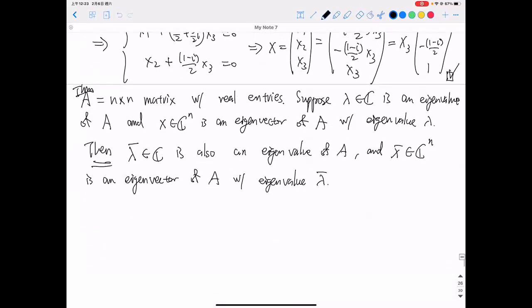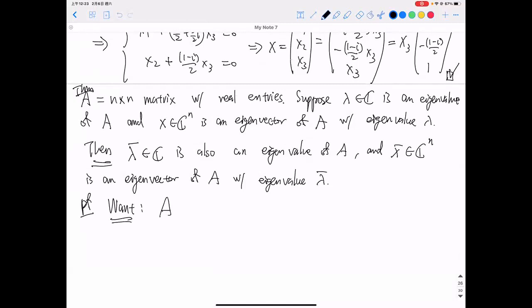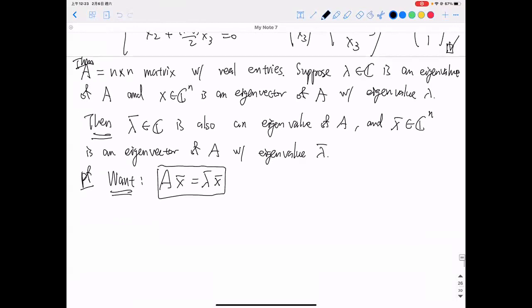Okay, so proof. What do we really want to prove? We want to prove that lambda bar is an eigenvalue and that x bar is the corresponding eigenvector. So what we want is A x bar equal to lambda bar x bar. That equation is the required property for lambda bar and x bar to be what they are claimed to be.